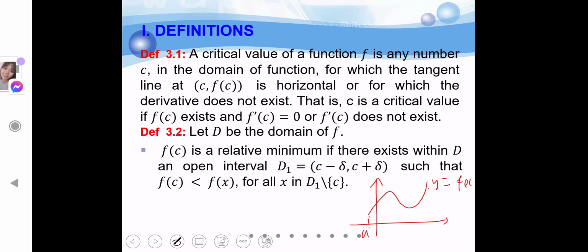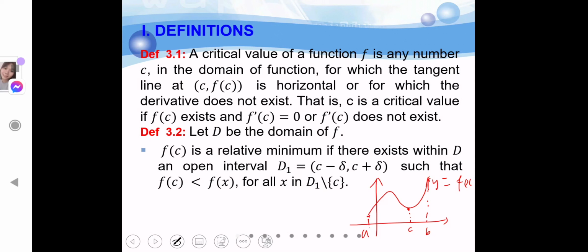If we consider the closed interval AB here, this point C is called the relative minimum, but it is not the absolute minimum.